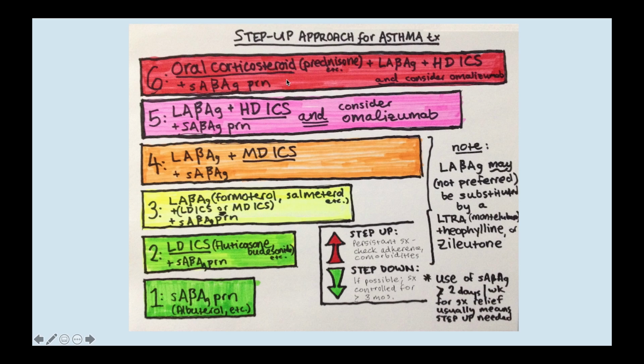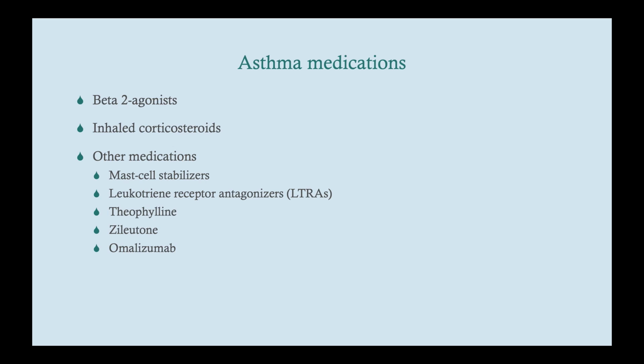And then there are some other medications that are used. These are more low yield for the test, but I will just cover them. If you're taking step 1, you may want to know the pharmacology of them. But if you're taking step 2 or 3, the only additional one that you really should be familiar with is omalizumab, which is slightly newer, but it's been around since the early part of the decade, I would say.